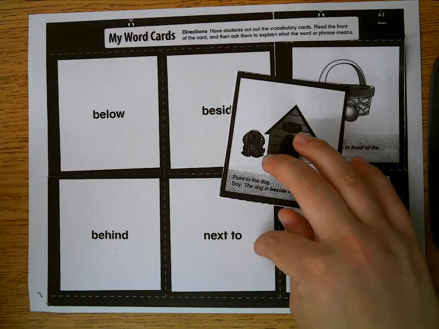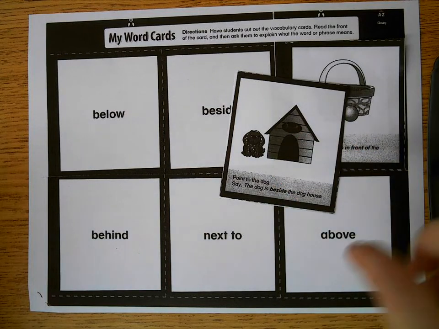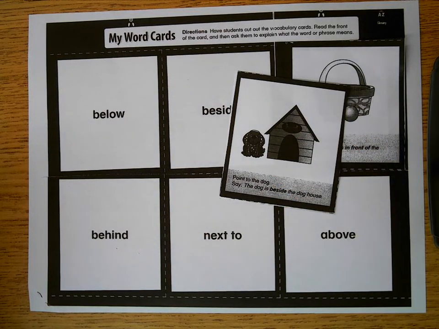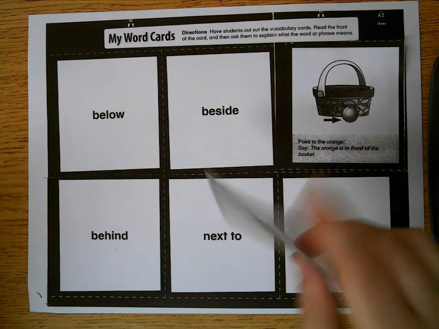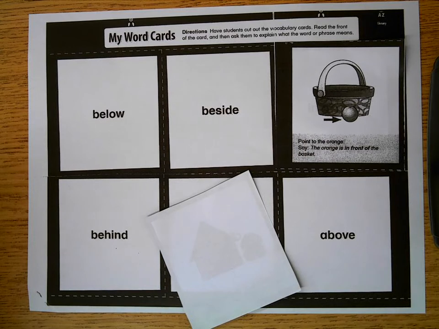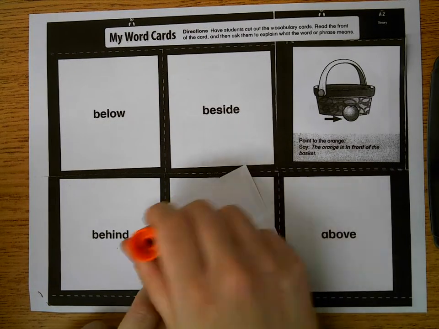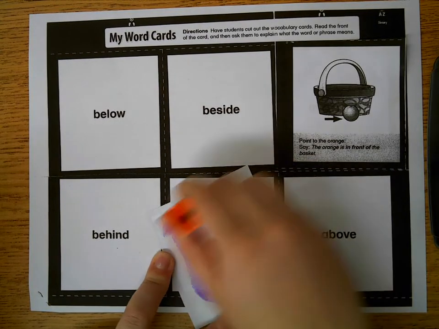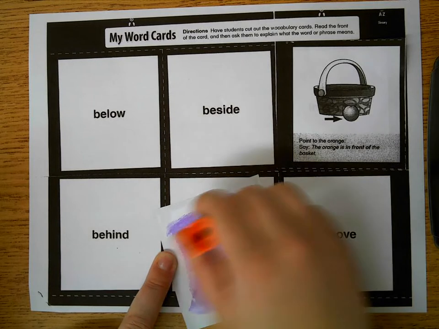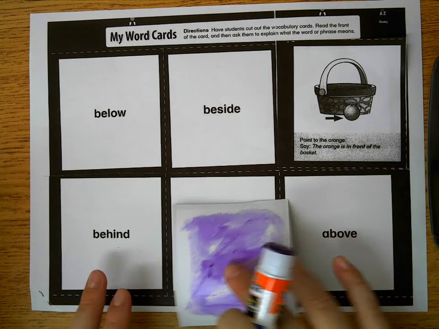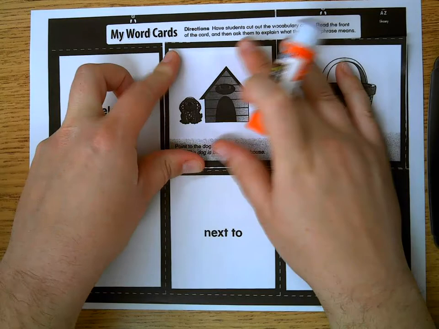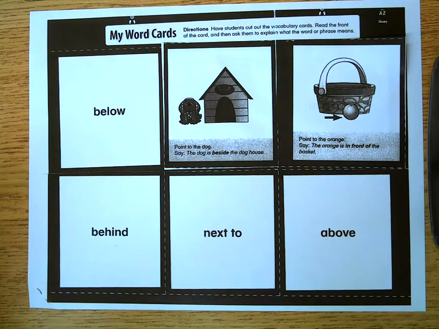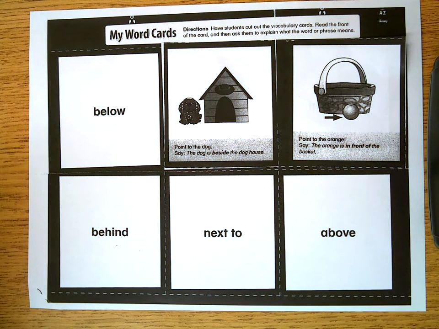Or maybe next to? Or maybe above? In this case, you could pick two words that would work. So the dog in this picture is, I'm going to go with beside, but you could go with beside or next to. They actually are what we would call synonyms, which means they mean the same thing. So the dog is beside the doghouse.